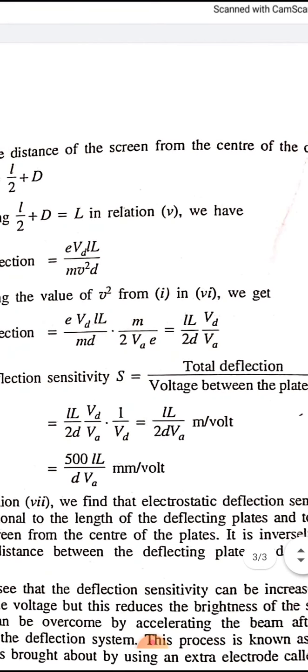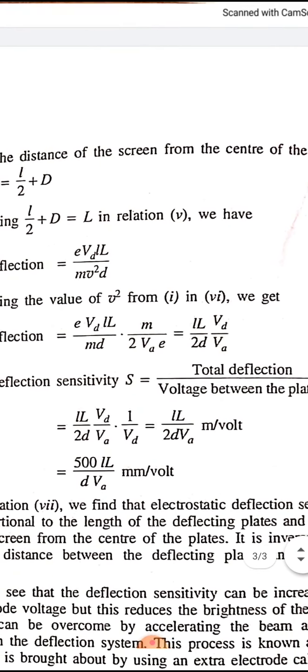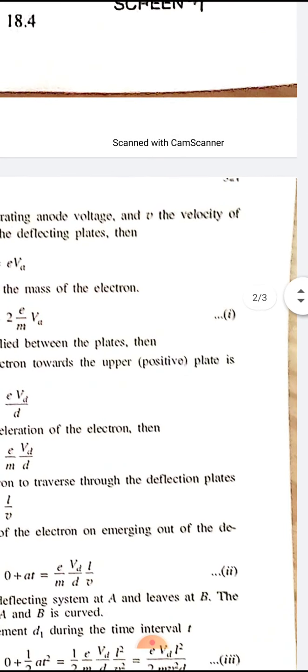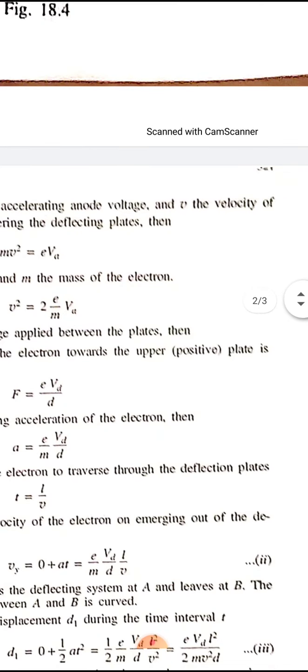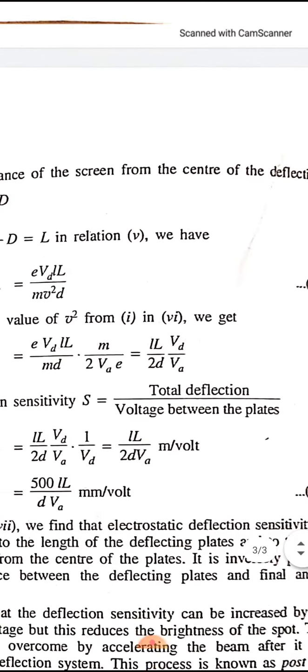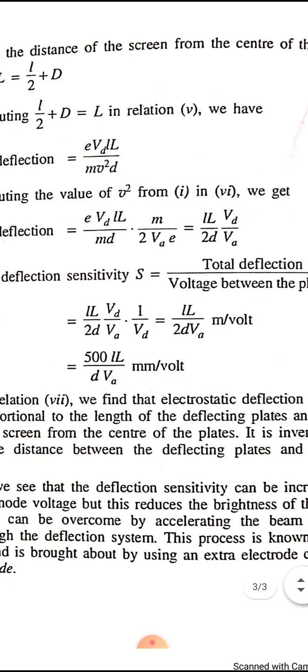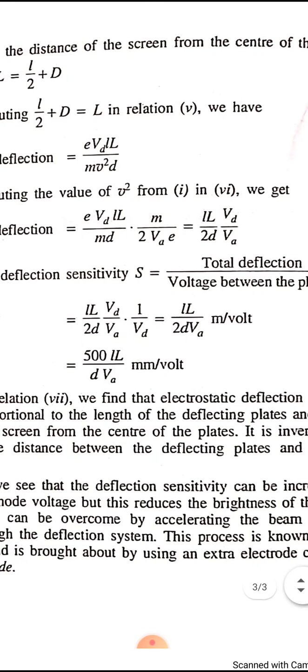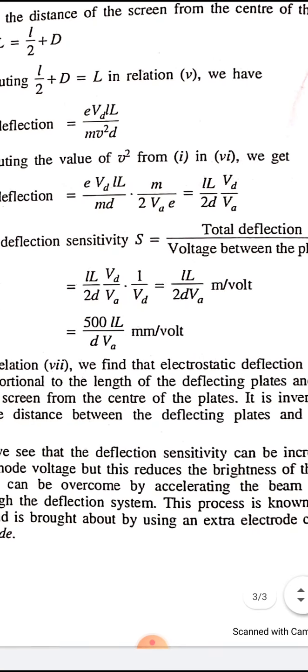Now, substitute the value of v square from equation number 1 in total deflection. So the total deflection expression becomes l capital L Ed upon 2d Ea.